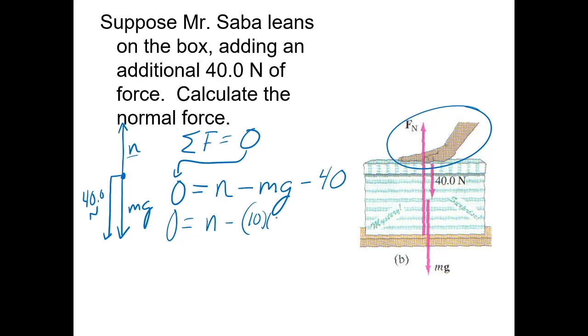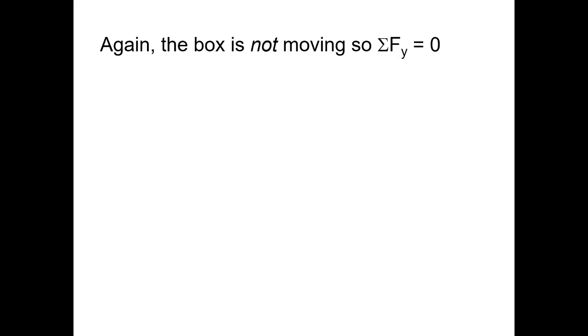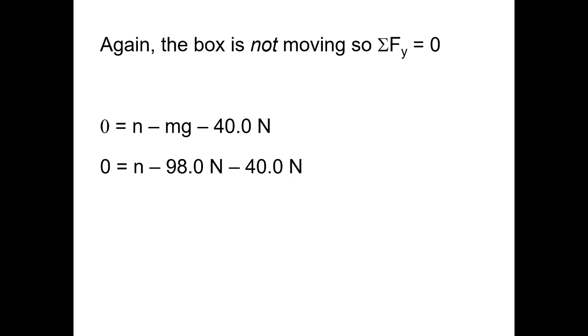It's still that 10 kilogram box. That hasn't changed. Minus 40. So let's see the math on the next page. 0 is normal minus mg minus 40. We said the mg is 98. So the normal is 138 newtons.